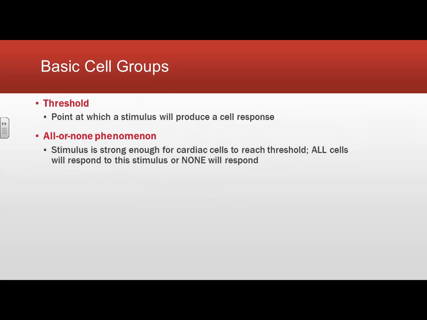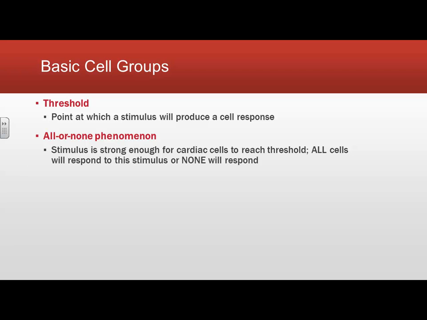Don't glaze over on me yet. There's a couple of very important terms that we've got to understand once we get into interpreting arrhythmias, so that you can understand how the electrical conduction system works and read these.